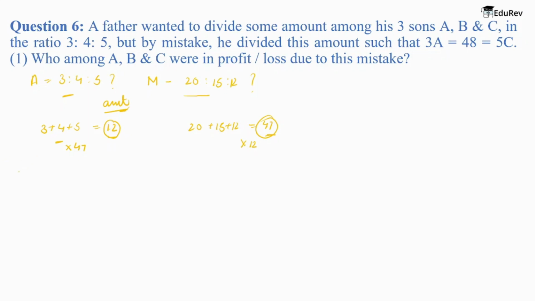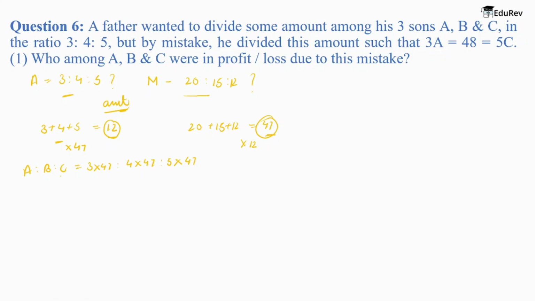So A is to B is to C is equal to 3 into 47 is to 4 into 47 is to 5 into 47.